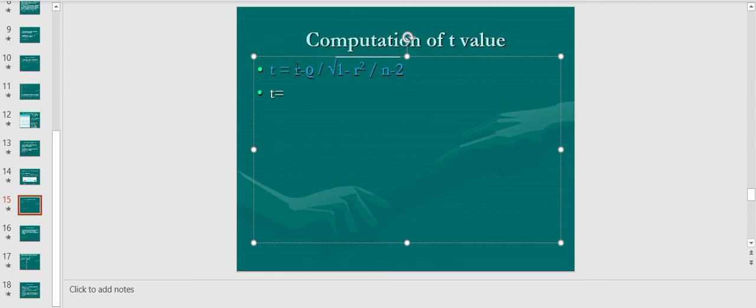If it is a one sample t-test, the mean difference of the sample and the hypothesized population mean. If it is a two independent sample t-test, then we take the difference of the means of sample 1 and sample 2. Here we are taking the difference of the correlation of the sample and the correlation of the population, and we'll divide it by the standard error.